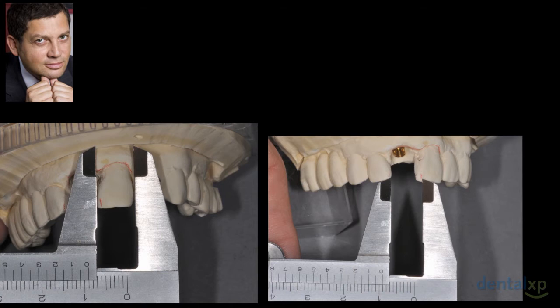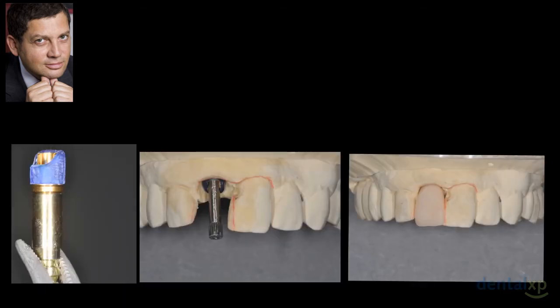After we look at the proportions, we can go ahead and fabricate our final IPS e.max crown. What you can see in the middle picture is how much the crown will overlap the natural tooth, because by overlapping we can change the appearance of the midline, and the appearance of the midline can change the facial aesthetic of the patient.